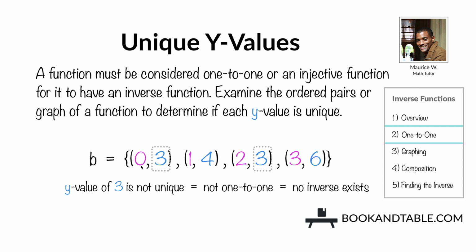It's attached to an x value of 0 and an x value of 2. So since the same y value pops up twice, that lets us know this is not one-to-one, so there is no inverse that exists for this function. If you're looking at the ordered pairs, you want to see if a y value occurs twice.